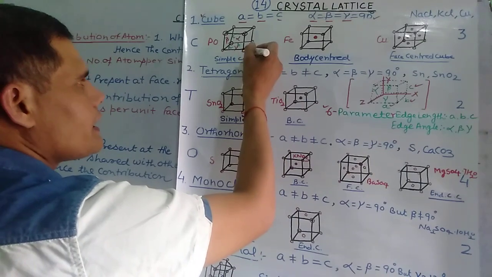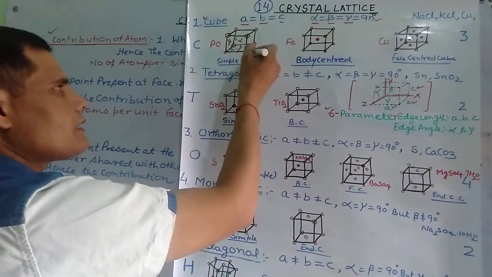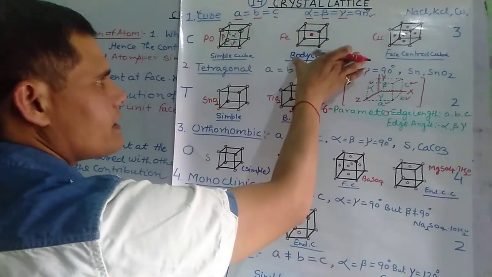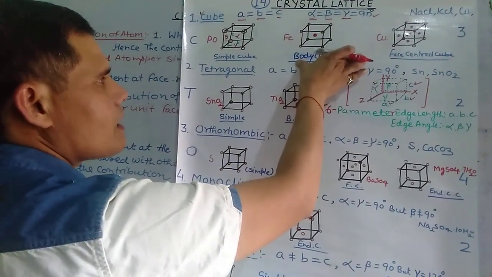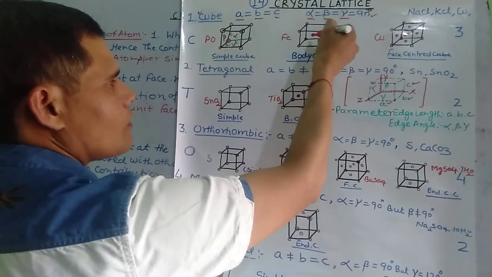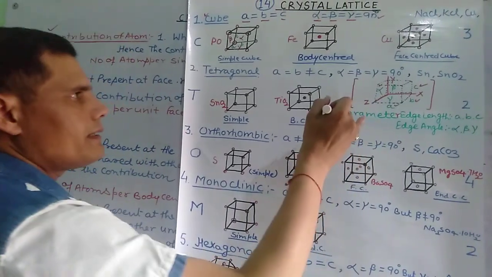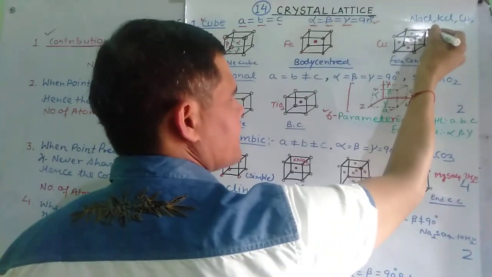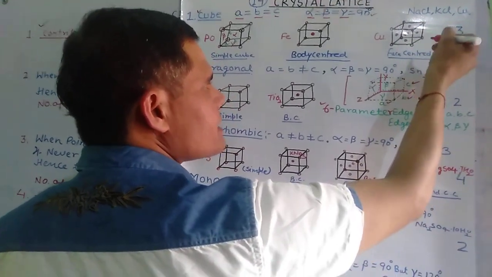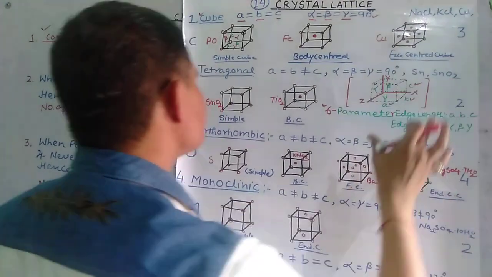Simple cube is one in which particles are present at the corner. In body centered cube, particles are present at the corner as well as the center of the body. And when the particles are present at the corner as well as each face center, it is known as face centered cube.